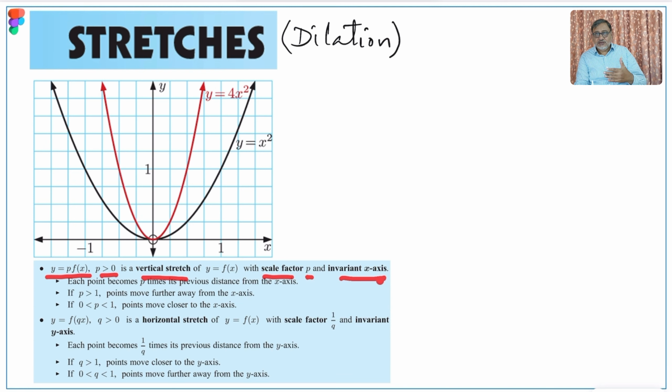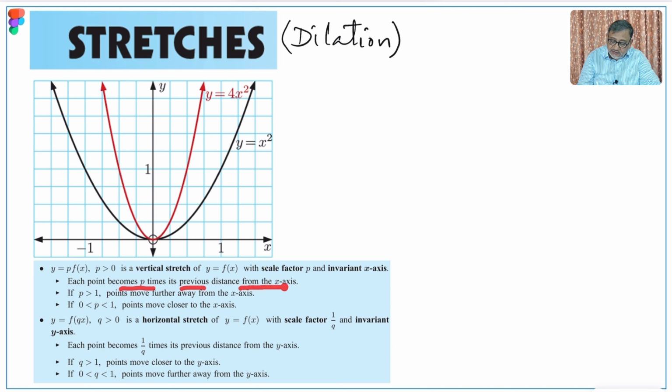Any x value will never change, only the y values will change. So y values will all be multiplied by p, because the scale factor is p. So each point becomes p times its previous distance from the x-axis. If p is greater than 1, the point moves further away from the x-axis.